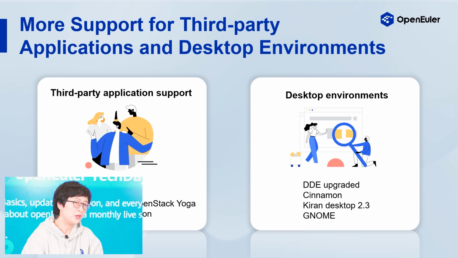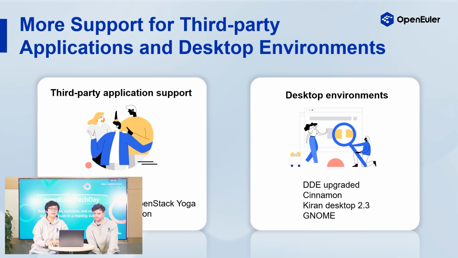The openEuler 22.09 also offers great compatibility with desktop environments. First is the DDE. The DDE is upgraded to support the control center, file management, system monitoring, log collection, and many others.